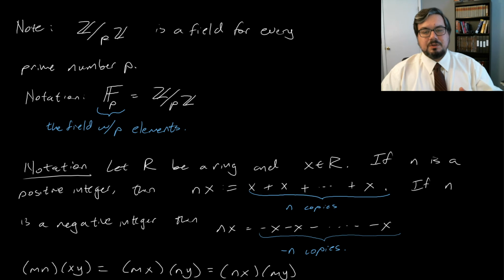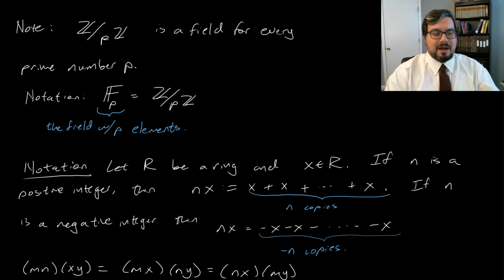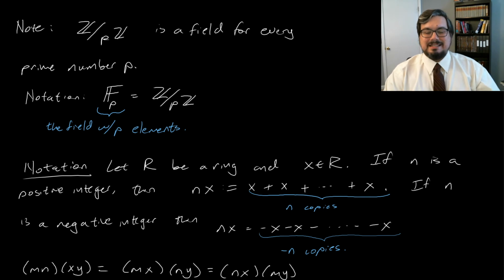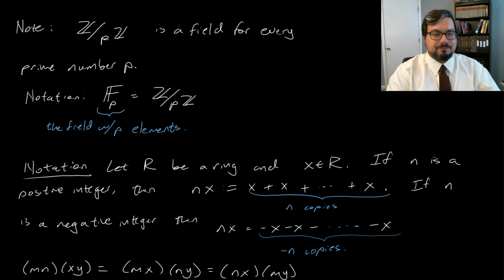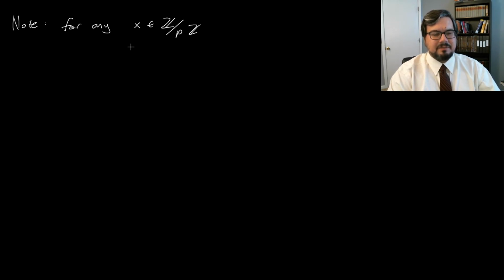Now let's use this notation to note something important about the rings Z mod pZ. So note, for any element x in Z mod pZ, first of all, we can write it as x bar so that it matches the notation we typically use here.